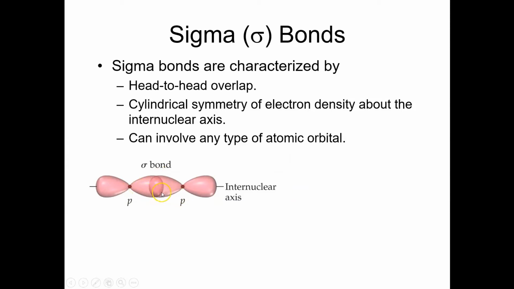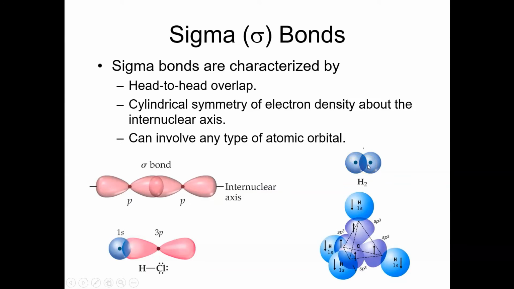So back earlier on, we looked at an overlap between 2 p orbitals that's end to end. That would be a sigma bond because the overlap is between the 2 nuclei. We could have bonding not just between a p and a p, but between a p and an s. Again, the overlap is on an axis between the 2 nuclei. We could have a couple of s's overlapping with each other. Once again, the overlap is on the axis.